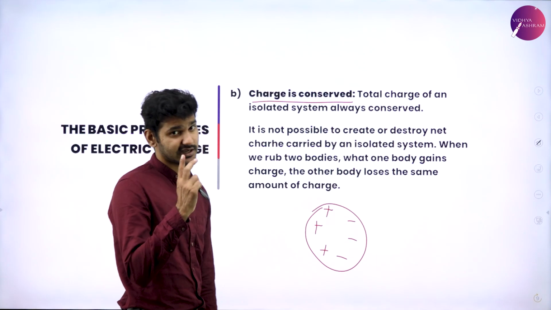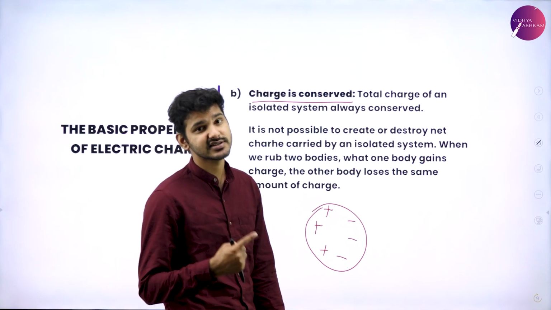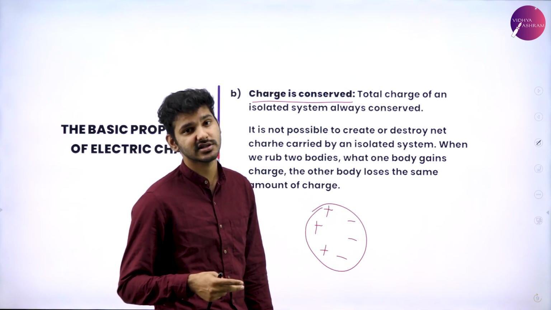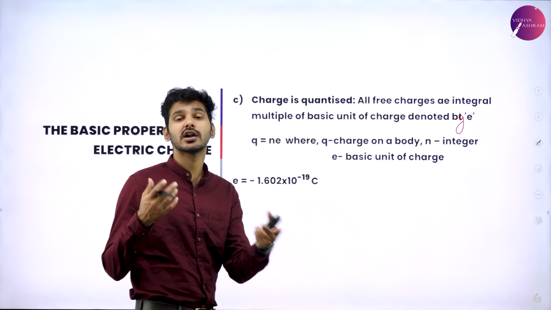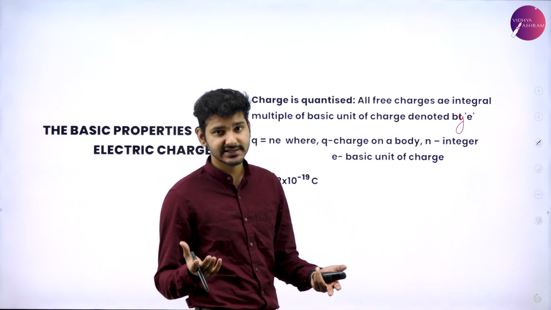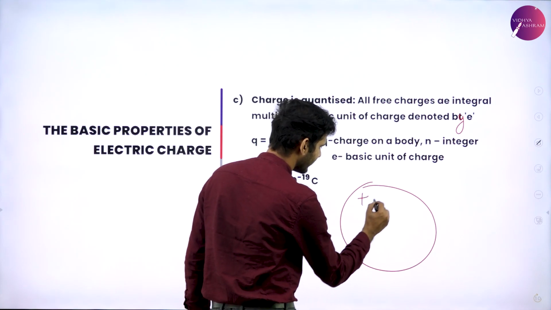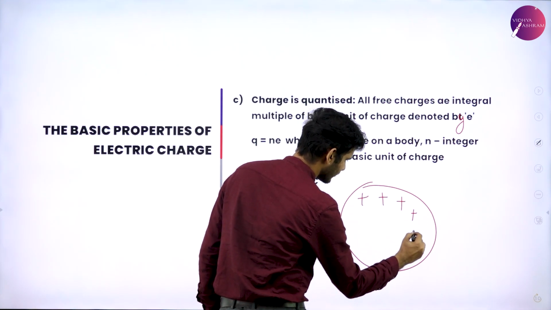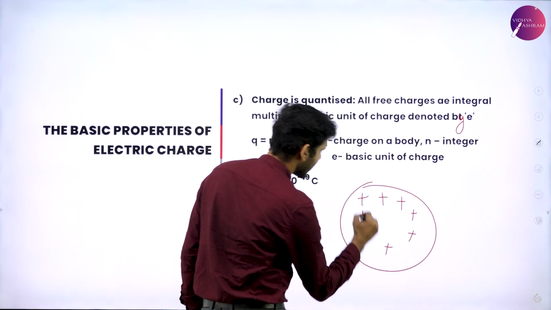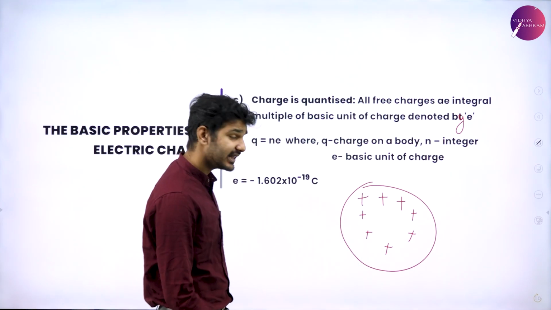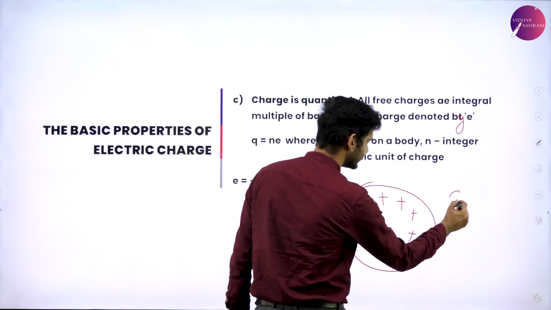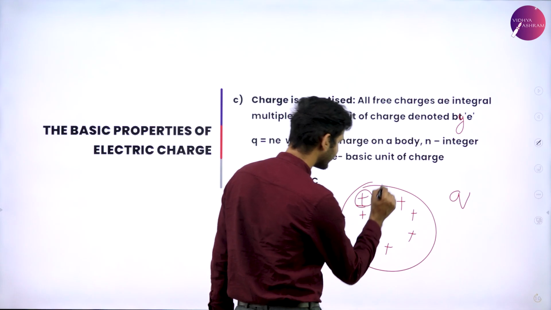So that is the second property. The first property is charges are additive. Second property is that charges are conserved. Charges are quantized, which basically means that if you have n number of charges in a system, let's say you have 8 charges in a system, and let's say that Q is the charge of one single piece.